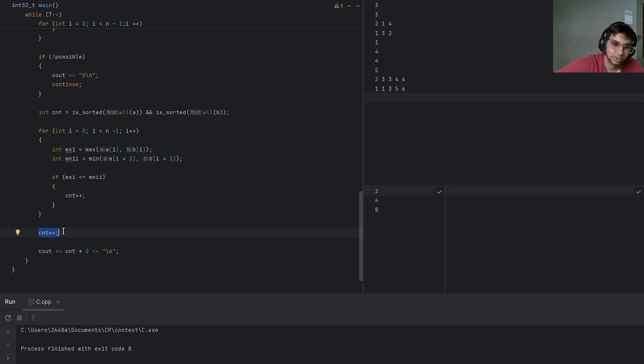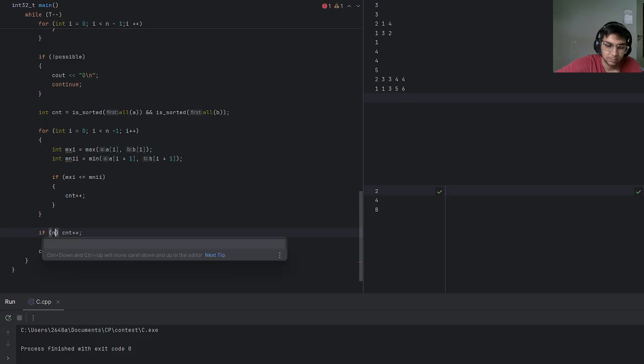So this should also run only for that part. Basically, if n is equal to 1, then this loop won't run. It's also not required for n greater than 1.